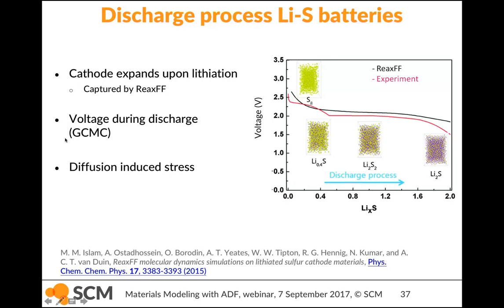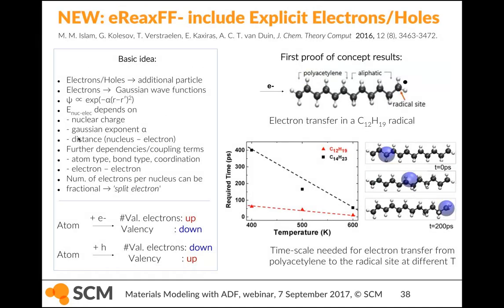This lithiation process actually has been studied also with this grand canonical Monte Carlo that I've shown, how that's been used to model catalytic properties in situ. More recently, there's a new development with particularly having batteries in mind. It's called eReaxFF, where it adds a pseudo-classical treatment of electrons back into the atomistic treatment for other atom types in ReaxFF.